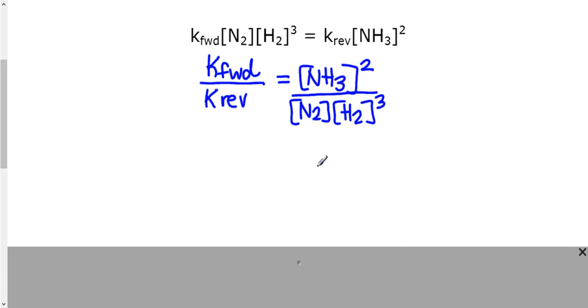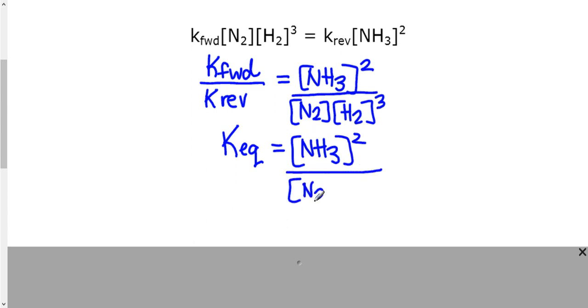And now we're going to replace these two rate law constants with KEQ. So the equilibrium constant KEQ is a combination of the forward and reverse rate law constant values. Everything over here does not change. And that would be the equilibrium expression for the particular reaction above, nitrogen and hydrogen producing ammonia.